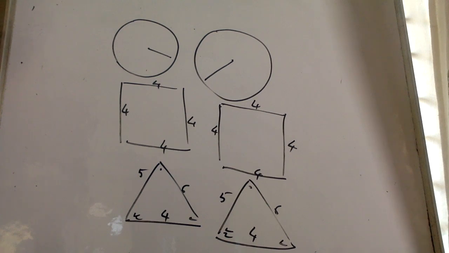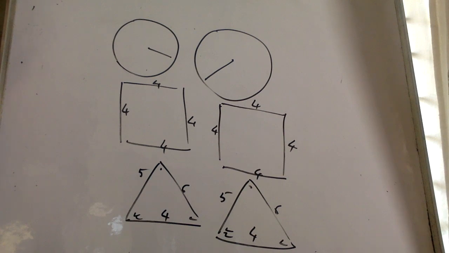So without practically trying to see if one fits over the other exactly, how do we understand? We have to understand by certain tests. There are certain tests which tell us that two triangles are congruent to one another. So we'll have to learn those tests.